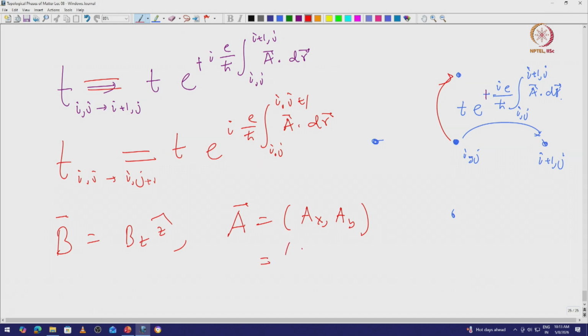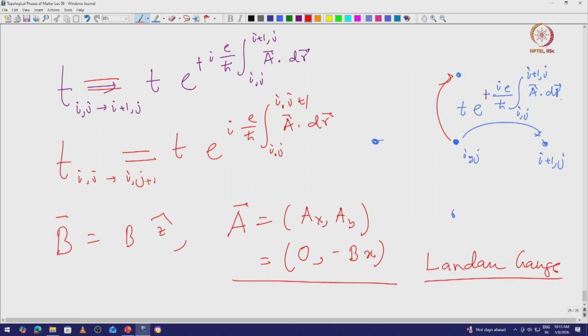So, we are going to choose this. Okay, and we will use this. So, this is the Landau gauge. Choose.